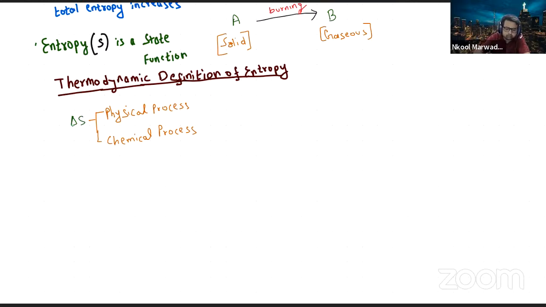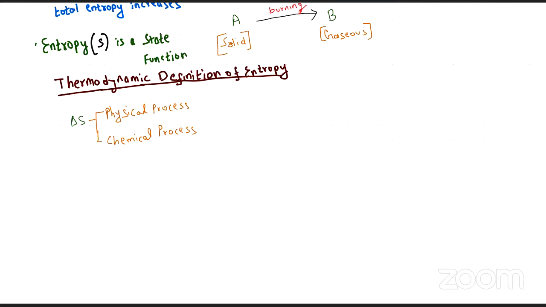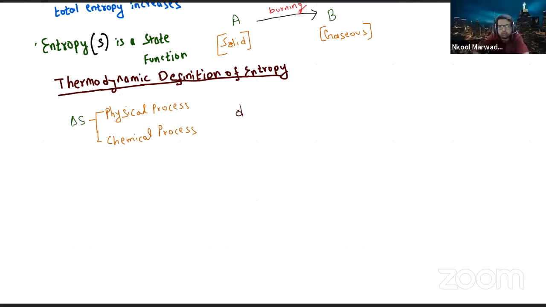Now let us suppose I have a term that is dq. dq is the change in heat energy, and rev is the reversible process. So in a reversible process, if it is not adiabatic, then definitely heat transfer can take place.